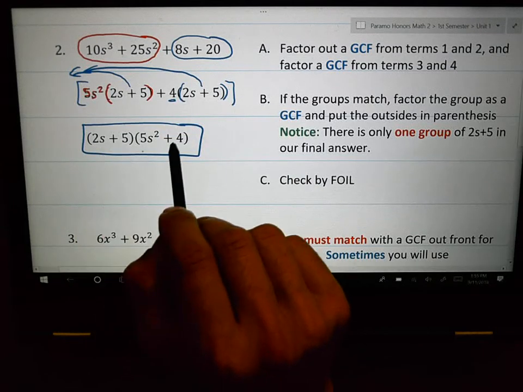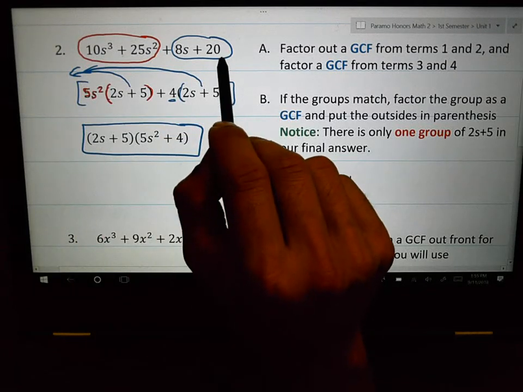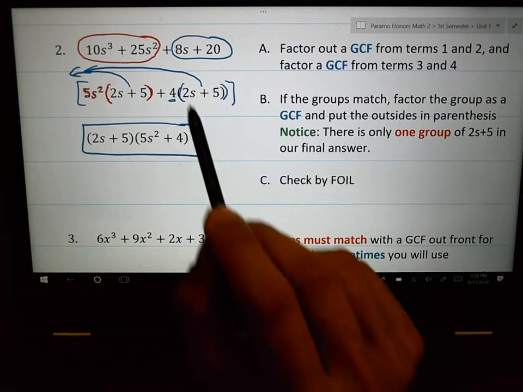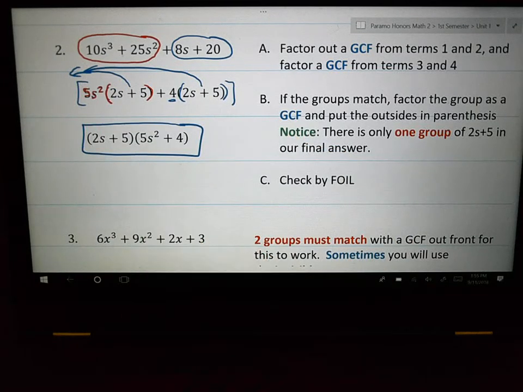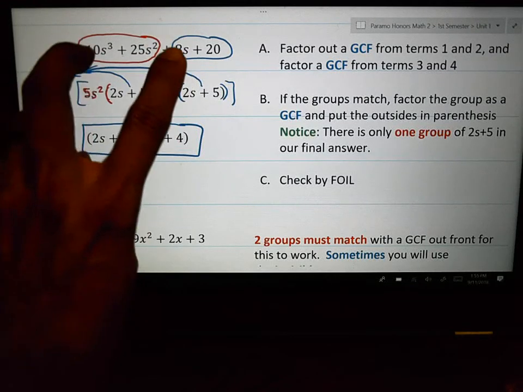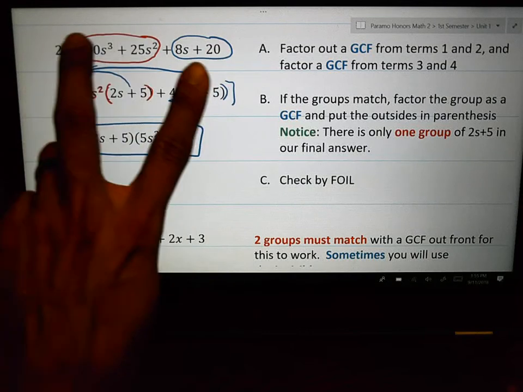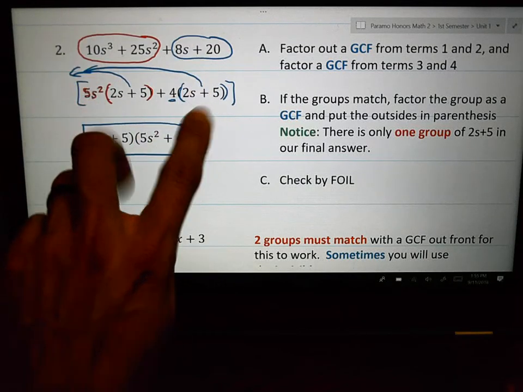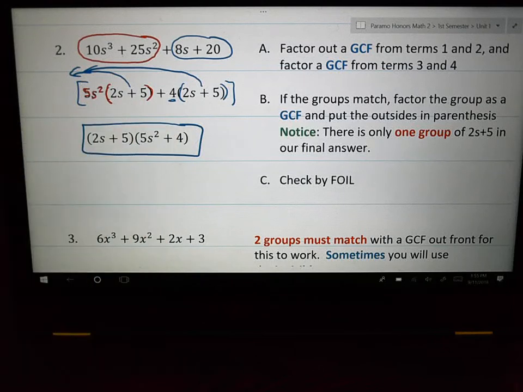What is 5 times 4, which is 20? This foils to be that. Now, the O and the I are a little bit backwards compared to what we've done before, but it worked. It takes something that was all addition, and we were able to turn it into multiplication by doing a GCF once and doing a GCF twice.